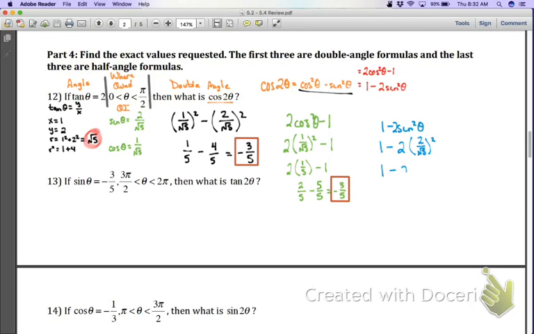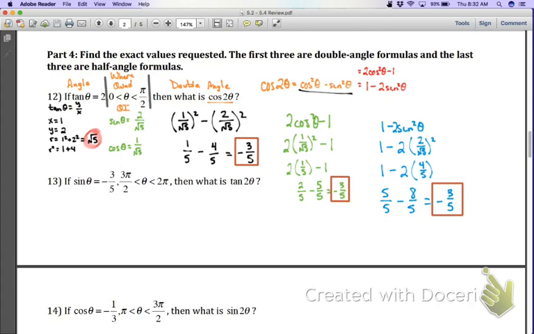So 1 minus 2 times 4/5. 2 times 4/5 is 8/5, so 5/5 minus 8/5. What's 5/5 minus 8/5? Negative 3/5. It does not matter to me.